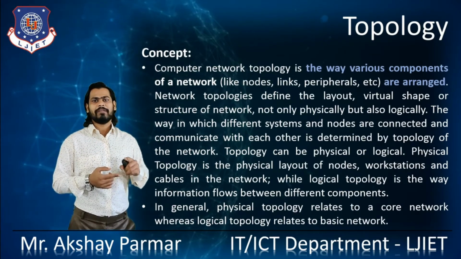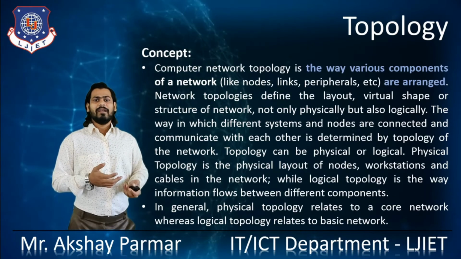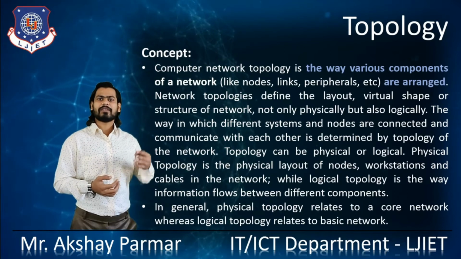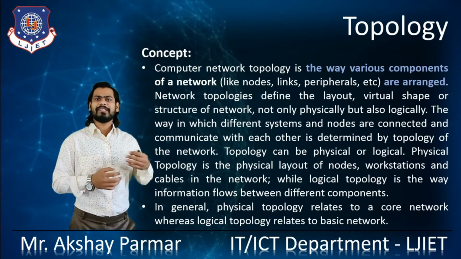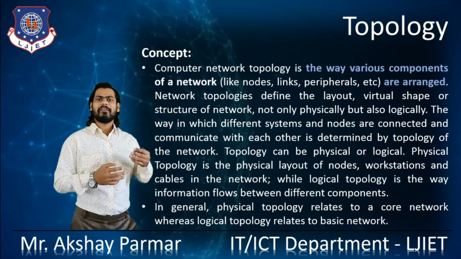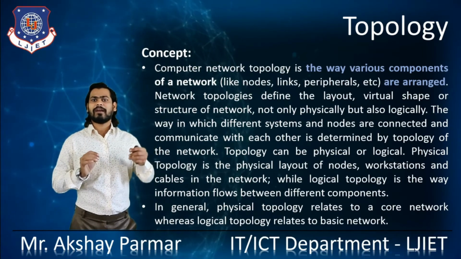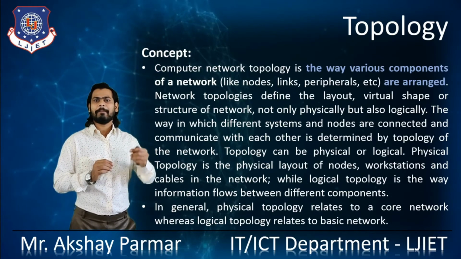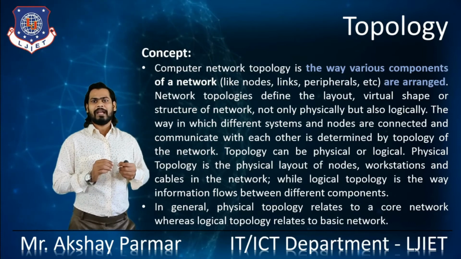Topology is not only physical but logical also, right? Network topology defines the layout, virtual shape and the structure of the network, not only physically but logically also, right? The way in which the different systems and nodes are connected and communicate with each other is determined by the topology of the network, right?